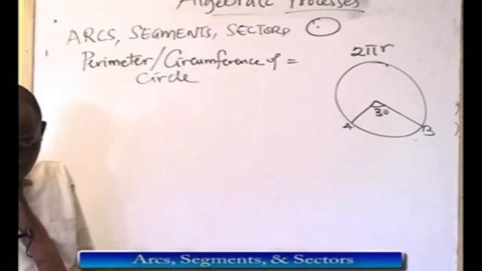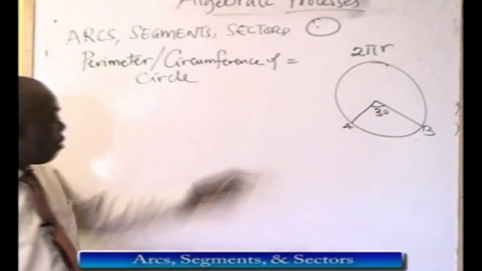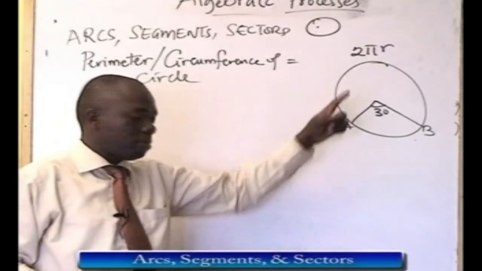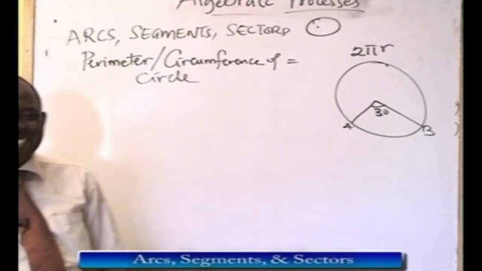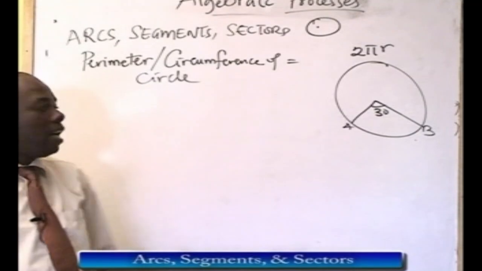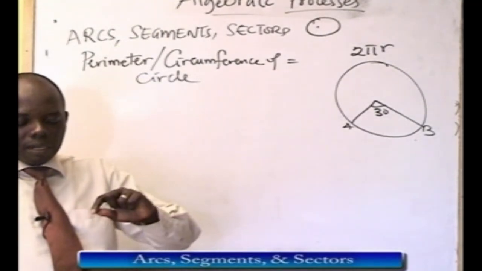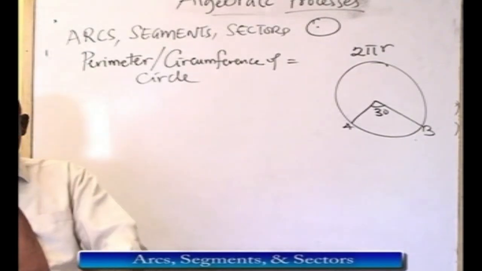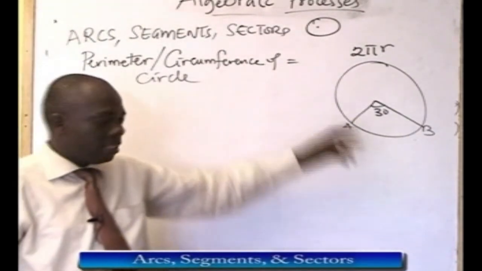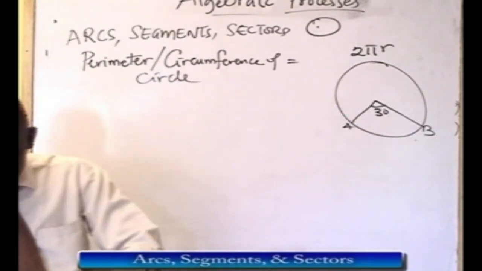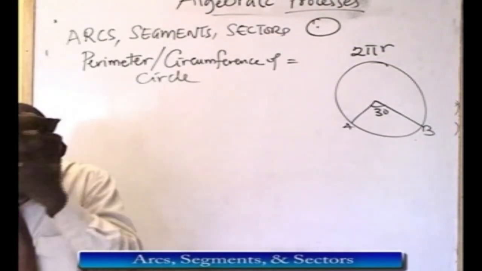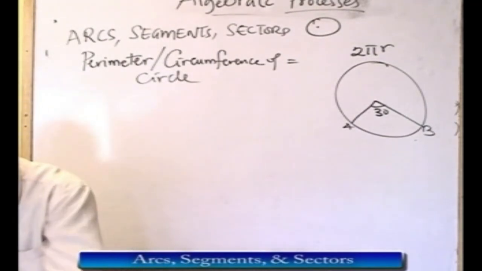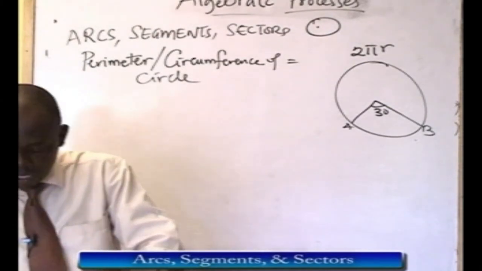If I ask you to determine the length of this arc, the angle that is subtended at the center is a critical requirement in determining the length of that arc. You do not disregard the angle, you do not disregard the radius of that circle. Those are very, very important requirements.